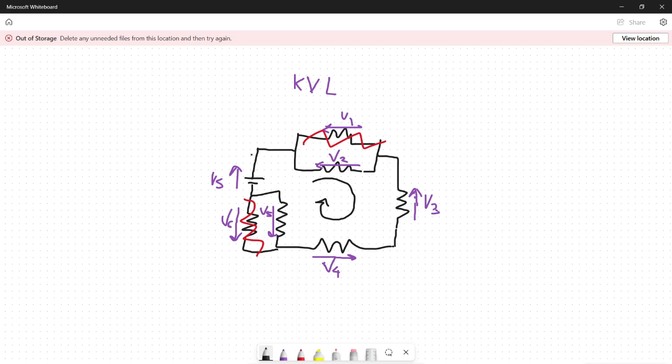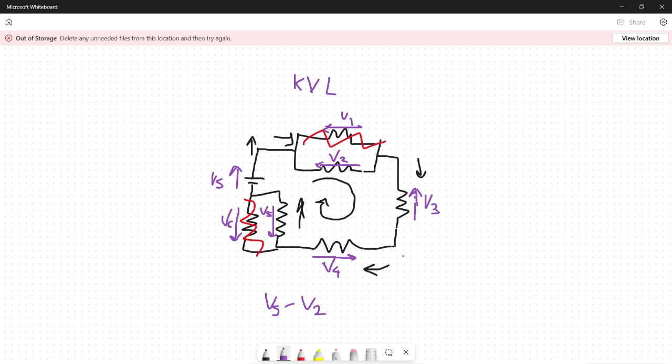So this arrow is going up, and it goes around and then it goes down, and you can see it's going in a circle. So Vs is going in the same direction as that arrow, so we're going to keep that as positive. Now V2 is going in the opposite direction to that arrow, so we're going to minus that.